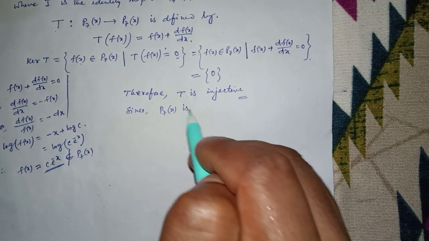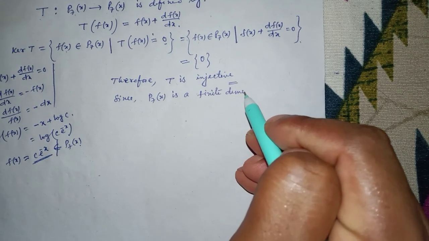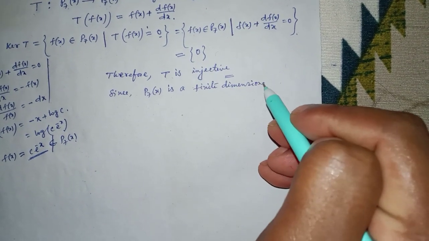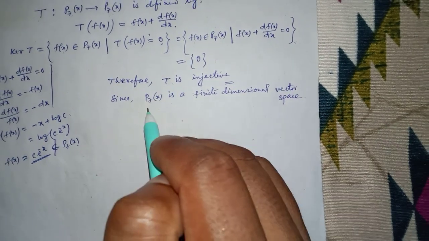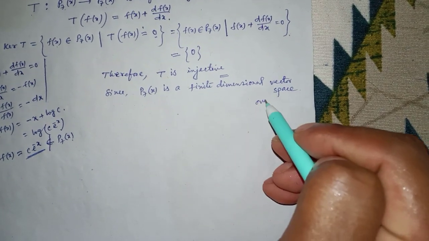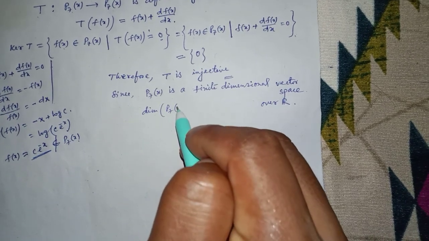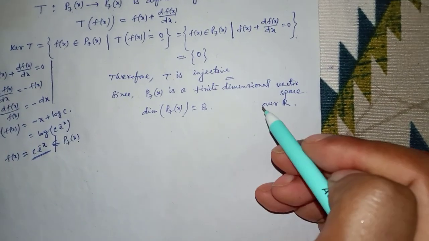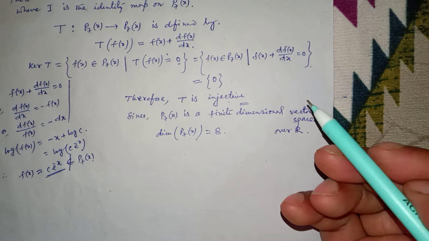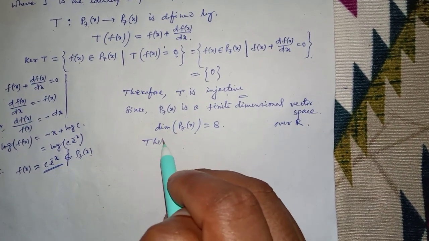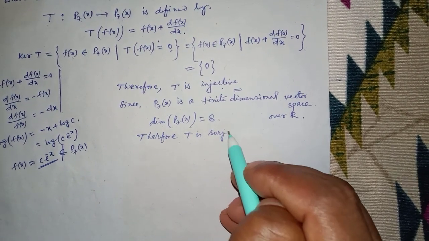Since P7(x) is a finite dimensional vector space over R, and the dimension of P7(x) is equal to 8, and T is injective, therefore T is surjective.